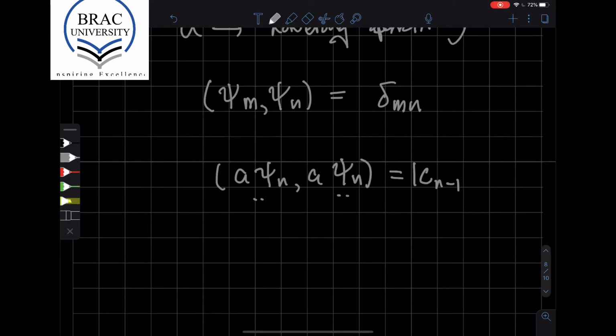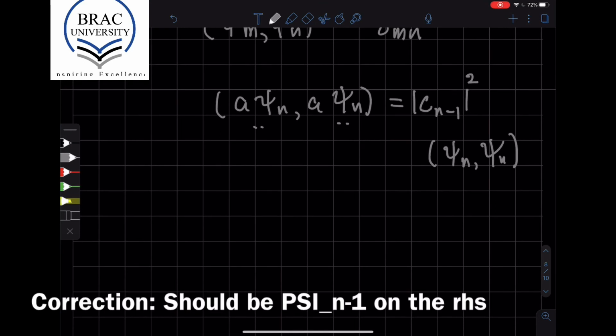Those two together will give me the mod squared of C n minus 1, multiplying psi n times psi n. But of course this is just 1, so on the right hand side we have C n minus 1 whole squared.